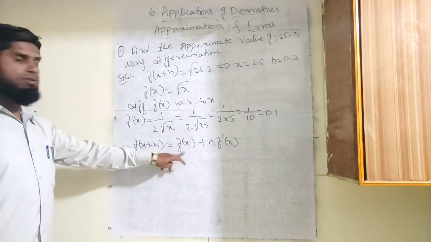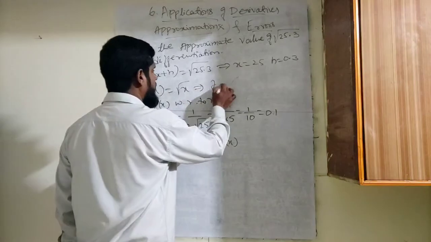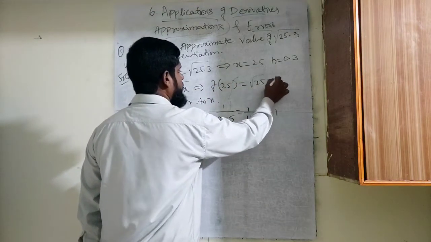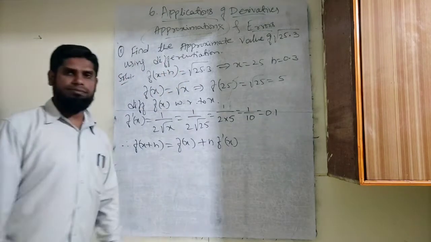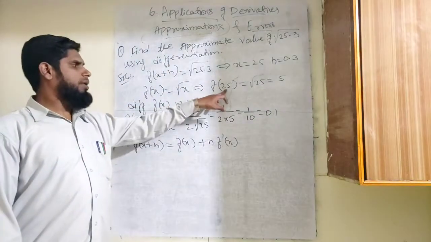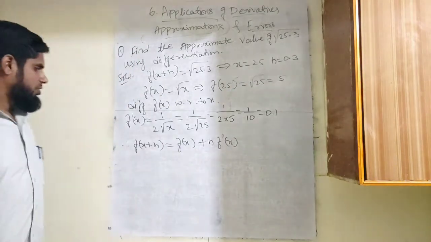I don't know the f of x value, I just know the function. So let me substitute here. f of 25 is equal to root 25, which is 5, because the function is root x. So if I put x equal to 25 in the function, I will get 5 as the answer.